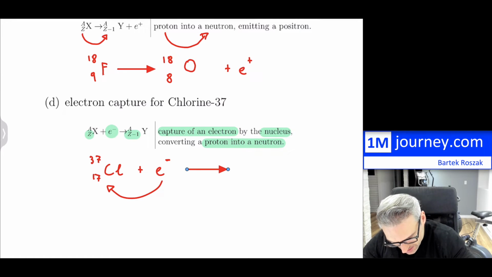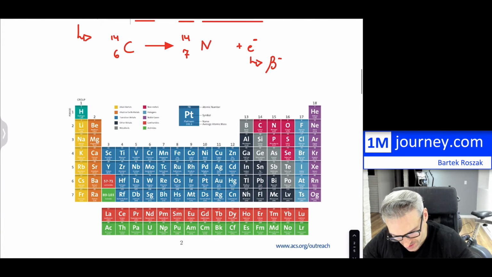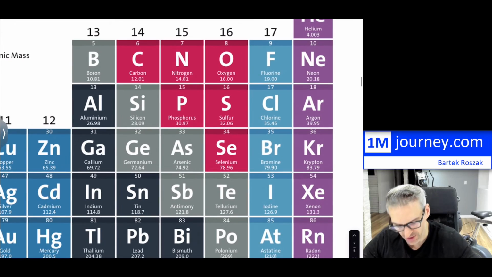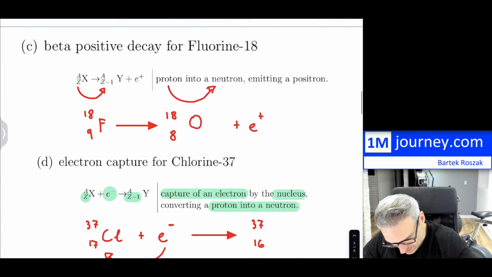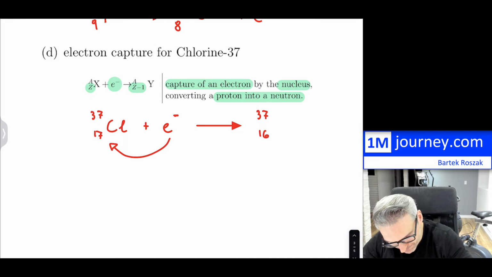So instead of 17, it's now going to be 16 protons. The atomic mass will stay the same, so that's 37. And now the only byproduct, for 16, so we're kind of back in here, notice that it's going to be sulfur, which is S. So that is what we would have to find out in here.